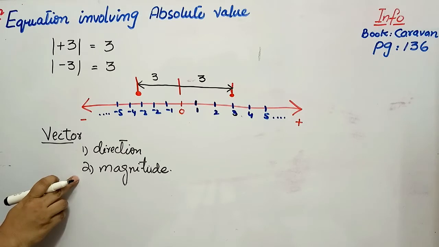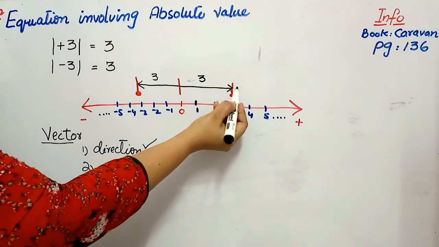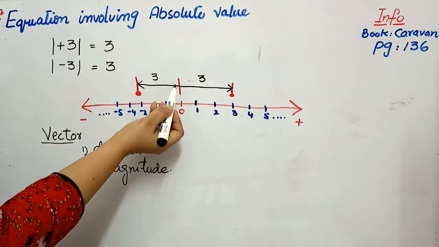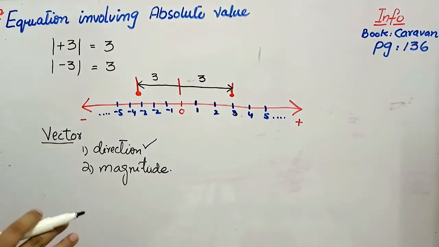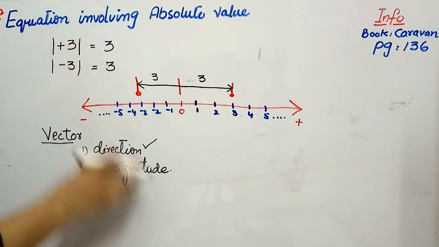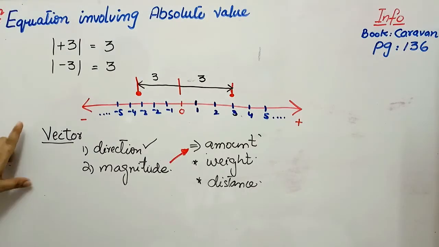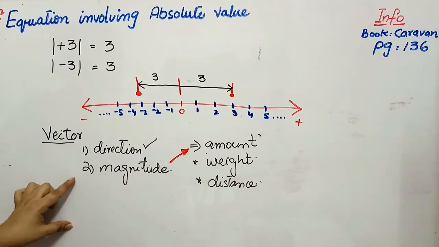Number two, magnitude. When we talk about direction, its direction is towards the positive axis, or its direction is towards the negative axis. But right now we are not talking about direction. We are talking about magnitude. Modulus is all about the magnitude. A vector quantity depends upon two things: direction and magnitude.